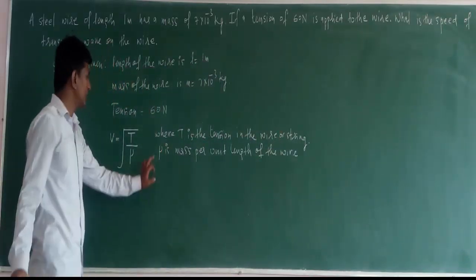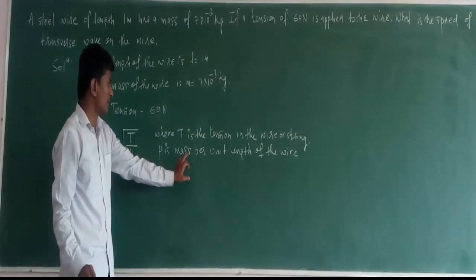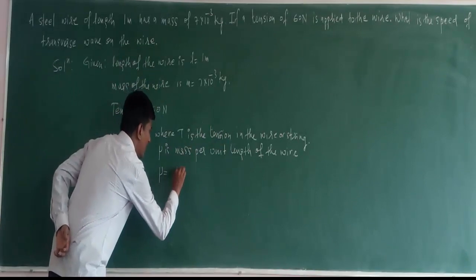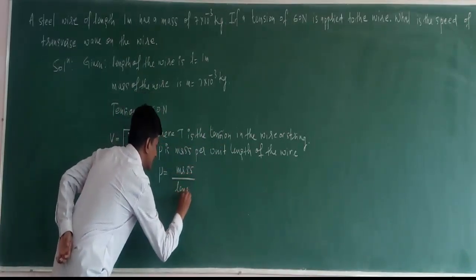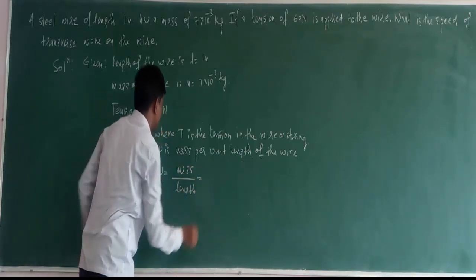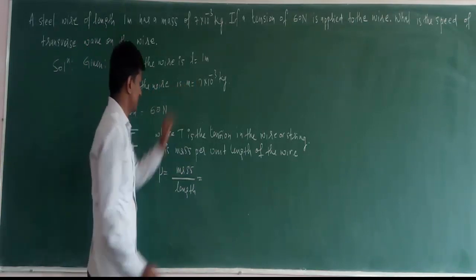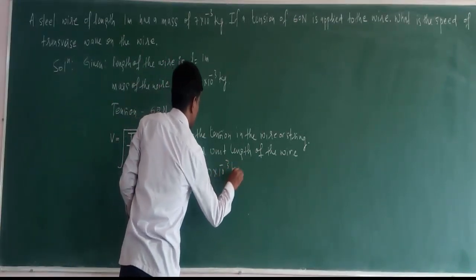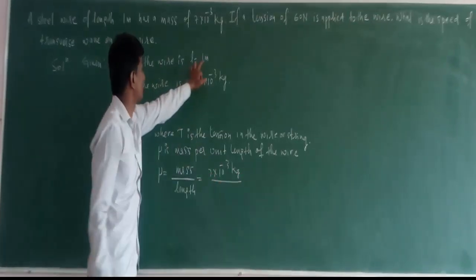So how can you calculate mu? The mu formula is nothing but the mass per unit length of the wire. So it is mass divided by length. The mass is given to you. The mass of the wire is 7 × 10^-3 kg, divided by the length of the wire, which is 1 meter.